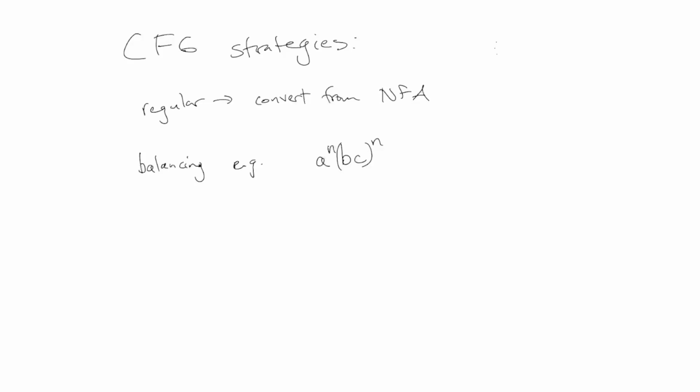And the way to do balancing like that is you have to make sure that those two things that you're trying to balance, in this case the A and the BC, are created at the same time in the grammar. So this one, I would do something like S goes to A S B C. This ensures that the A always exactly matches with a BC because I create them at the same time. And I put the S in the middle.